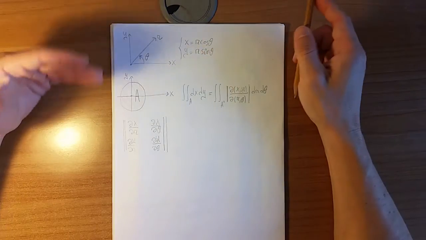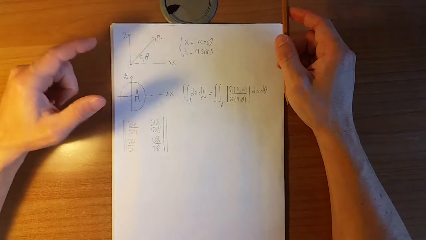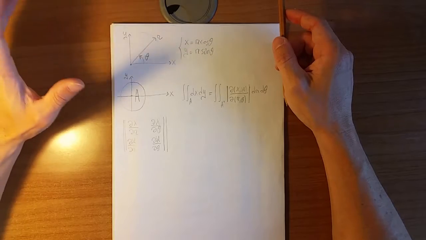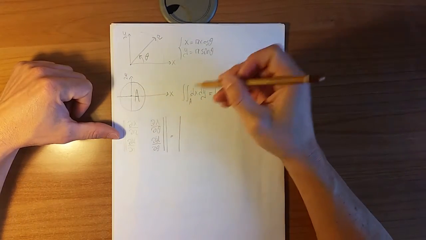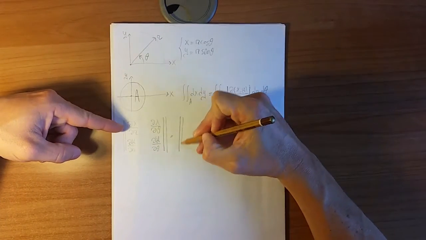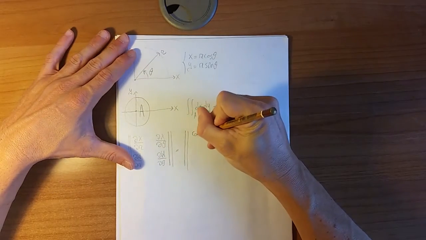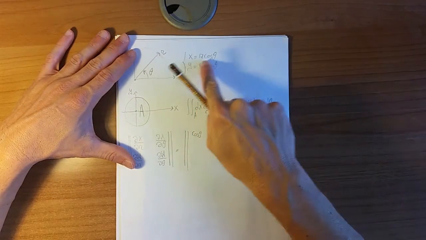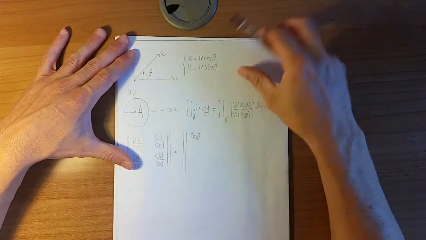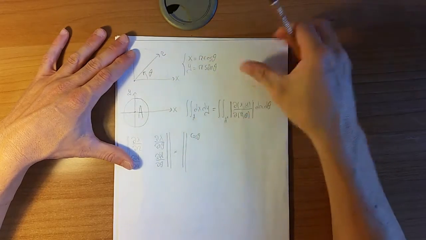R is positive. In case we get a minus r, we should replace minus r by plus r in that case. Let's see. This becomes equal to, okay, let's take the determinant. The derivatives are: dx over dr is just cosine theta, because we keep theta constant and vary r, and that's the derivative. It's the constant itself, it's cosine theta.